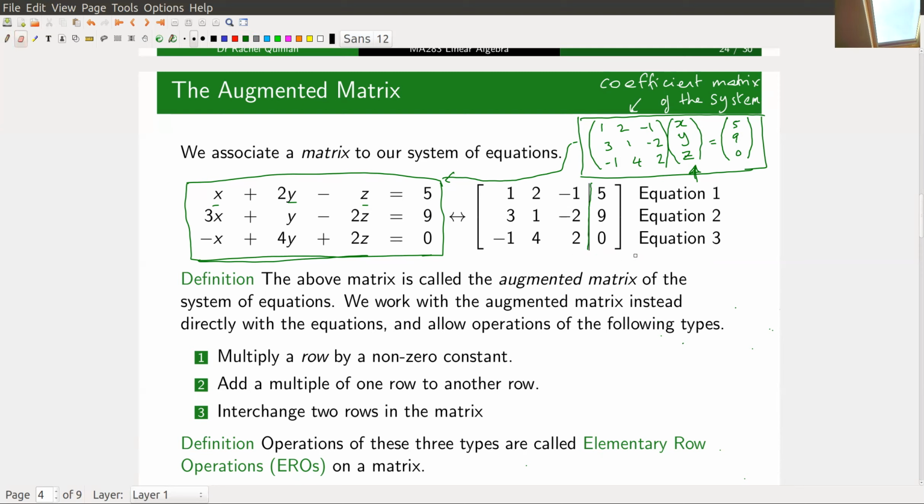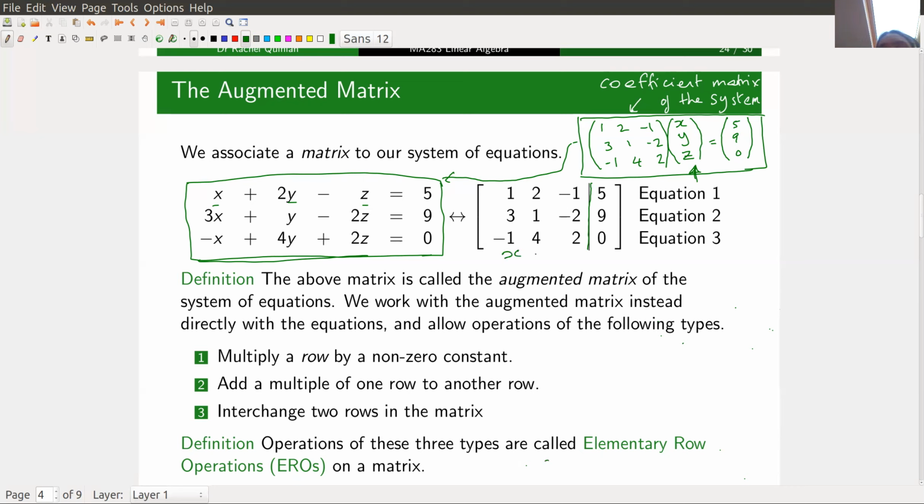Some people, including me, find it handy to carry that line around just as a reminder. So the term augmented matrix refers to the coefficient matrix, the first three columns, augmented with the column corresponding to the right-hand side. That's why it's referred to as the augmented matrix.